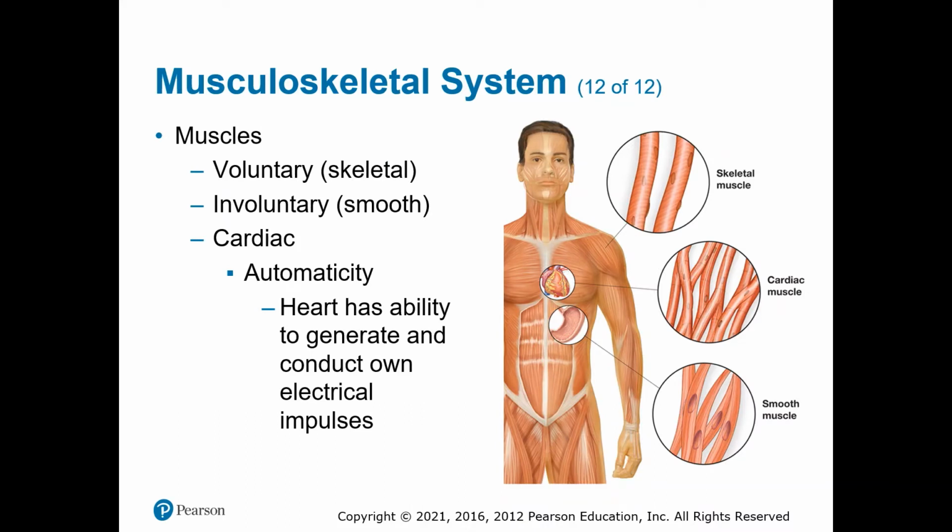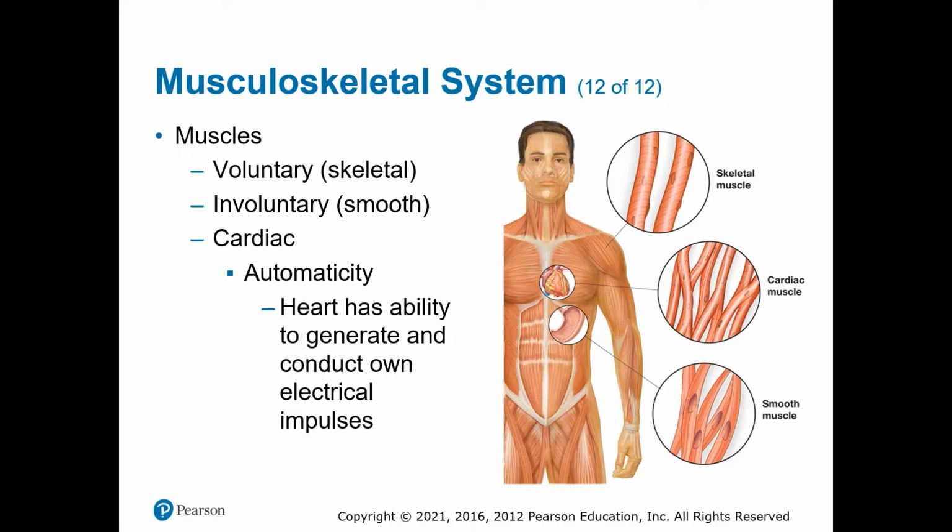Okay, so your muscles, you have three different types of muscle. You have skeletal and smooth, and then you have cardiac muscle. Your skeletal muscle is the voluntary muscle that allows you to do whatever you want with that muscle. And then your involuntary or smooth muscle basically doesn't allow you to do anything with it.